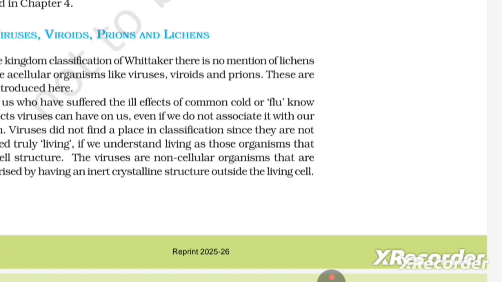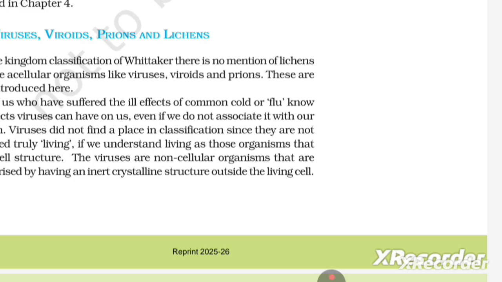Viruses, viroids, prions, and lichens. In the five kingdom classification of Whittaker, there is no mention of lichens and some acellular organisms like viruses, viroids, and prions. These are briefly introduced here. All of us who have suffered the ill effects of the common cold or the flu know what effect viruses can have on us.